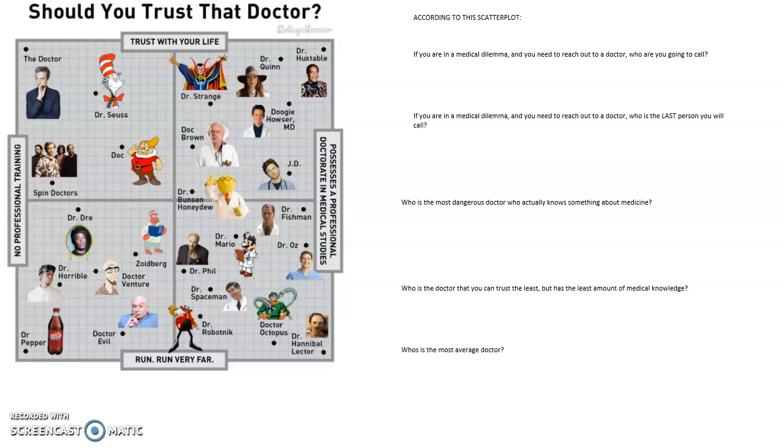And we probably want to call somebody that we would trust, so somebody with a high vertical rating. Looking at these people, I think any of these up here would be acceptable, but in terms of the most trusting and possessing a doctorate, I think we're going to go with Dr. Huxtable here.